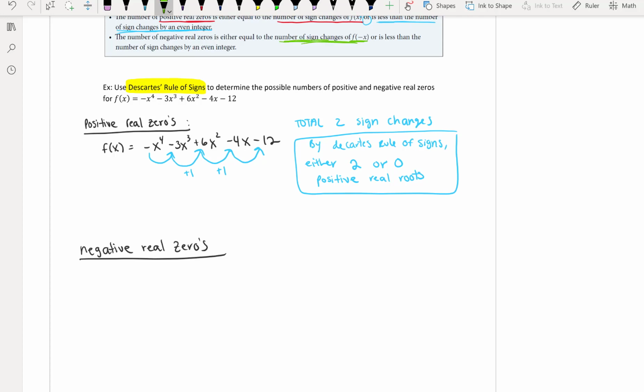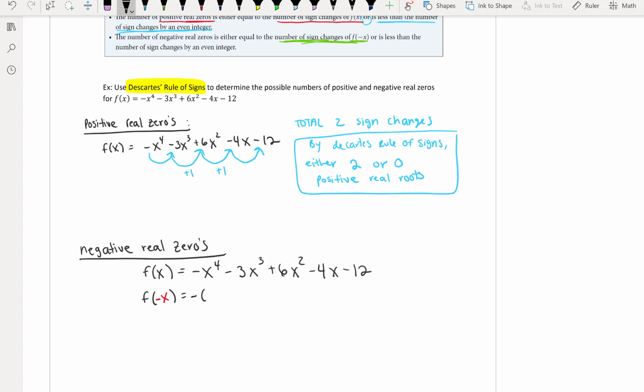That means we're going to plug negative x into the function. So I have my original function f of x, negative x to the 4 minus 3x cubed plus 6x squared minus 4x minus 12. That's what we originally had. Now, instead of x, I'm going to plug in a negative x. That's weird, but just go with it.